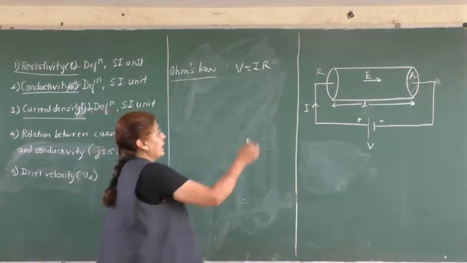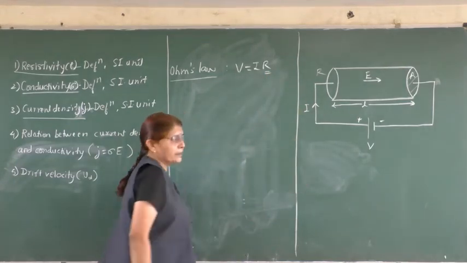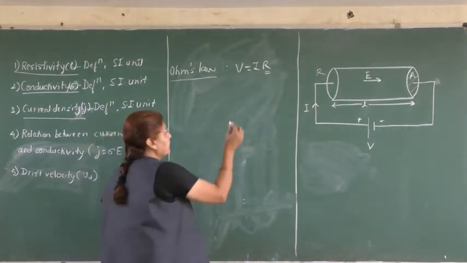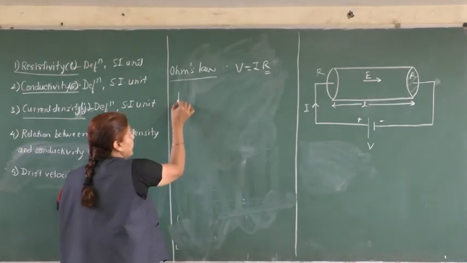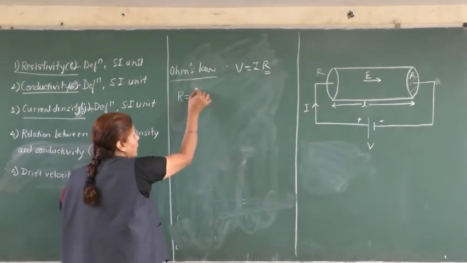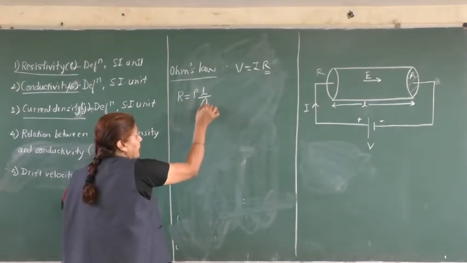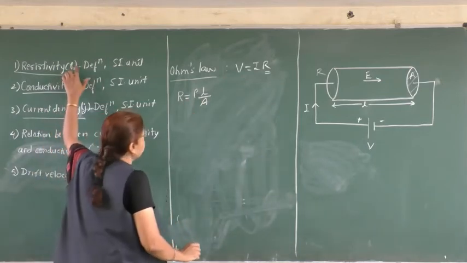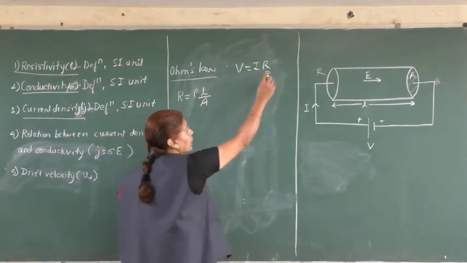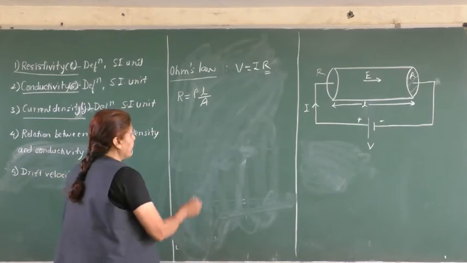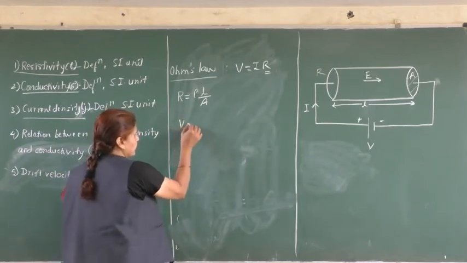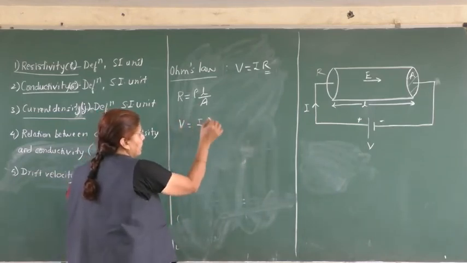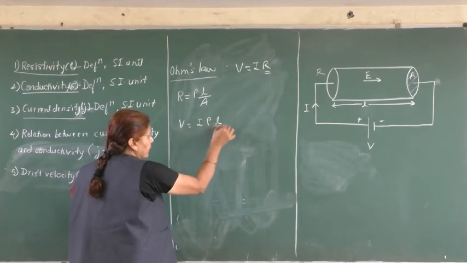Also we have a relation for R. R depends upon L and A, so we shall write that relation also. We have a relation R is equal to rho L upon A, where rho is nothing but resistivity. So we shall put the value of R over here. So we can write V as I into rho L upon A.